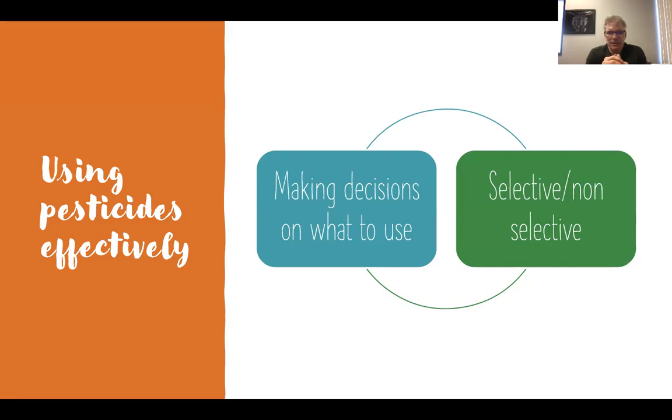So you want to make sure that you're always aware of the decisions you have to make, and be able to decide what you're going to use. It could be you're applying on a porous surface. You want to look toward wettable powders and microencapsulates. If it's an area that's a larger volume and you're not so worried about it getting soaked in, emulsifiable concentrates might be your best bet.